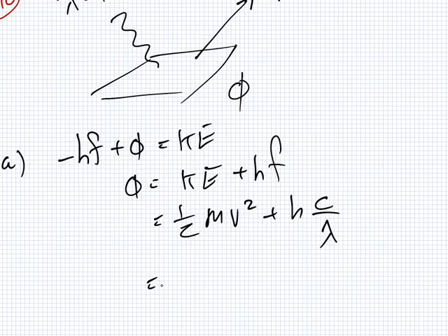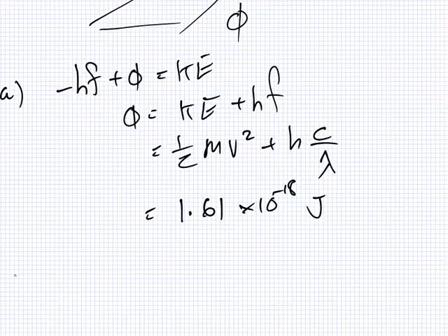Plus h, which is 6.63, and then c, which is 3 times 10 to the 8, over lambda. Right, so when you put all the numbers into the calculator, you'll get 1.61 times 10 to the minus 18 joules.